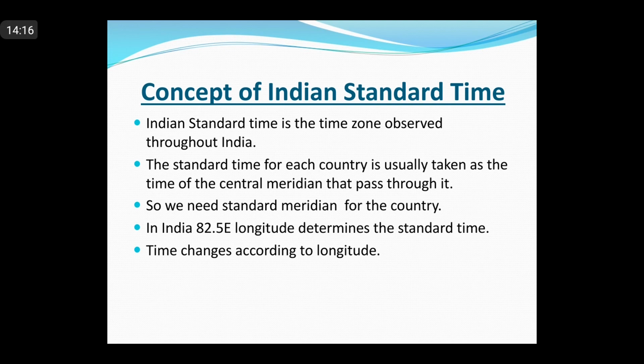And the main reason for selecting 82.5 degree east longitude as the standard meridian is that there is a general understanding among the countries of the world, as I have just told you, to select the standard meridian in multiples of 7 degree 30 minutes longitude, so that the time difference between two places 7 degree 30 minutes of longitude away from each other is half an hour.